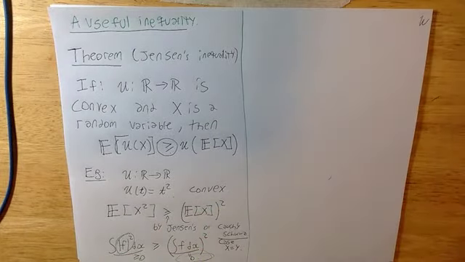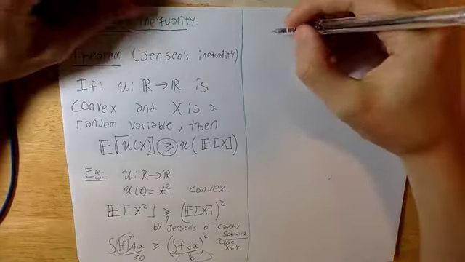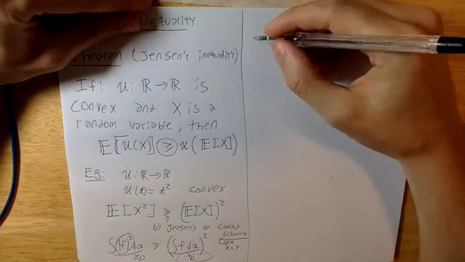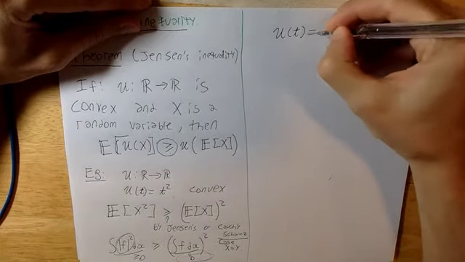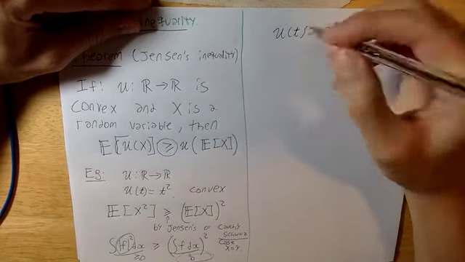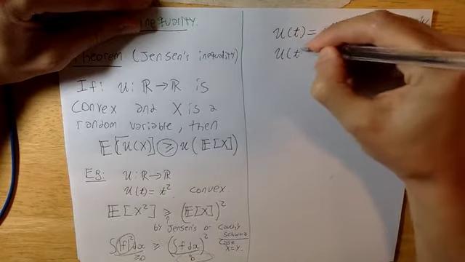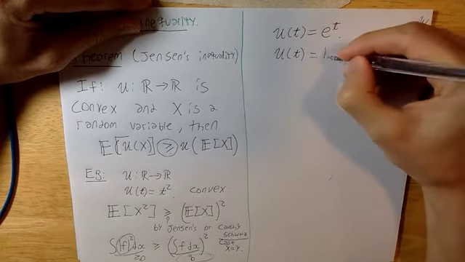So in general, what are the examples of this? The one is x squared. The other example is u of t is equal to e to the t. This is convex. And another example is u of t is equal to the modulus of t.